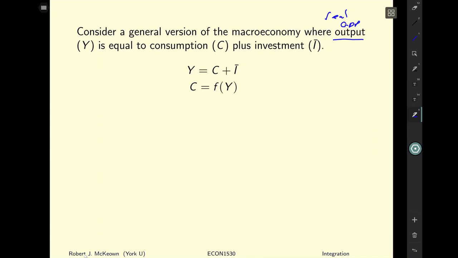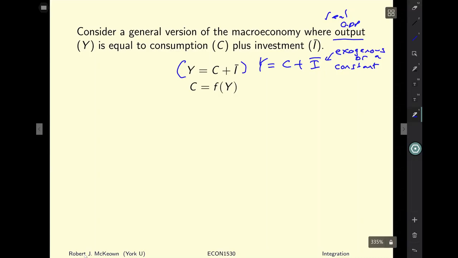And our first equation here says that real GDP supply is equal to demand. We've got a very truncated demand side to this expression: consumption plus investment. And we've got a bar over the I to represent that this is exogenous or a constant.